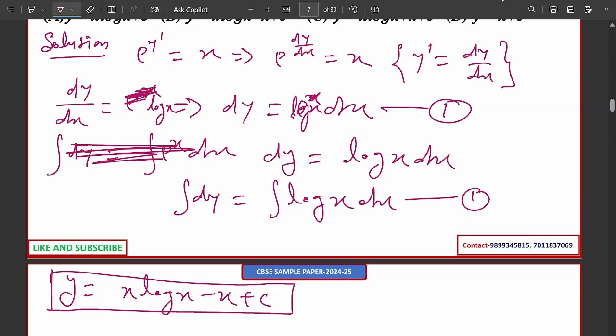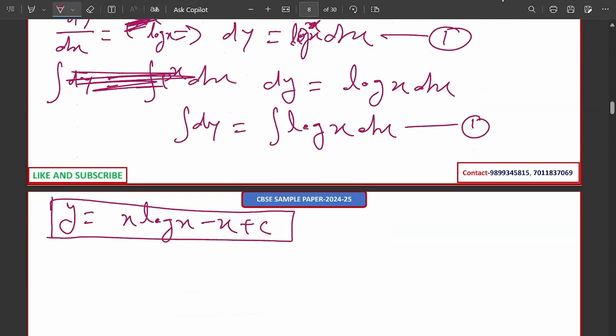So if you don't know the integration of log x, you just find the integration of log x as 1 into log x dx. With the help of product formula and integration by parts, you just find the integration of this one. So you all know how we can solve.